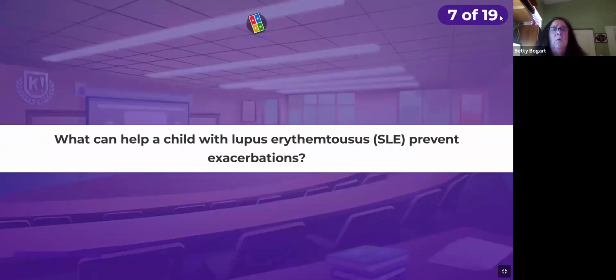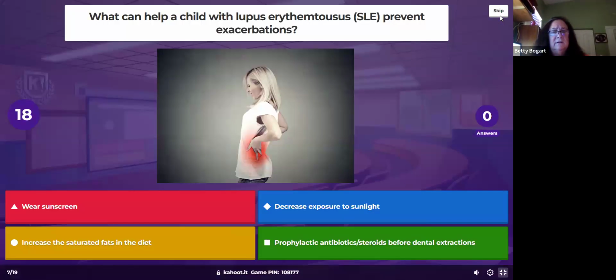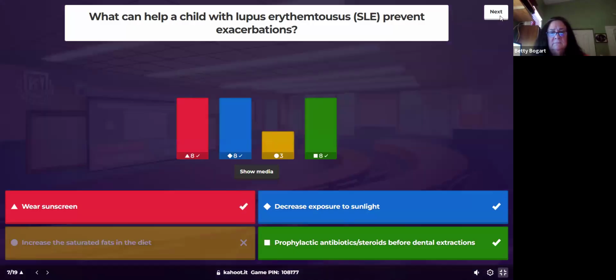What can help a child with lupus prevent exacerbations? So again, sunlight is not good on lupus.